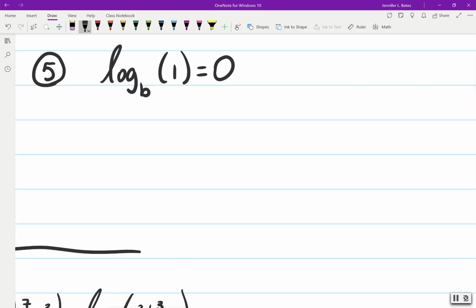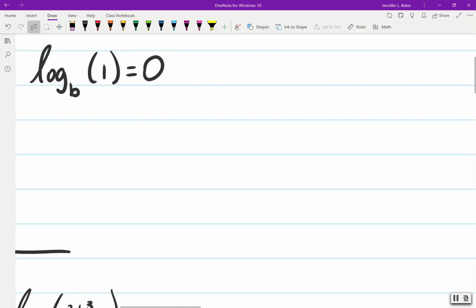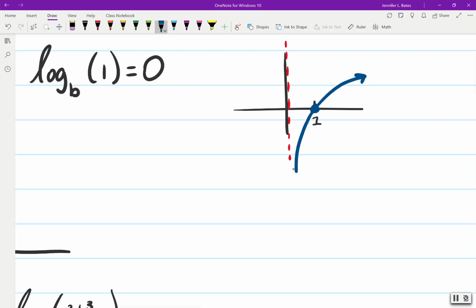And the reason why is because if we think about a graph of a log, we have our asymptote along the y-axis, and it looks like this. So it always goes through the point 1, 0, and then depending on B is where the other points hit. But we know that log base B of x looks like this.